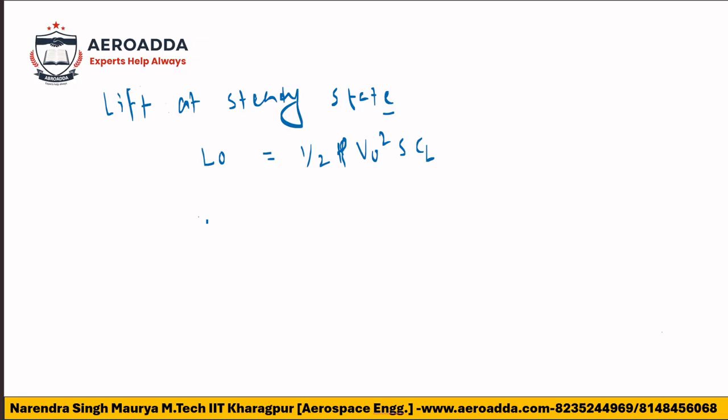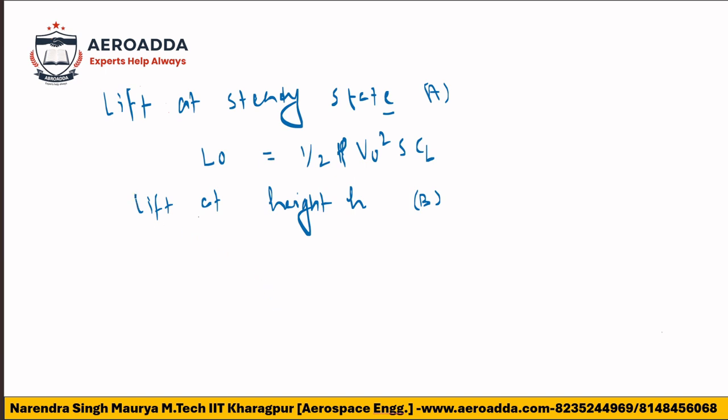The first equation you have seen here is written in terms of V. Okay, and obviously you will write the lift at height H. This is point B, and this is point A. Check it.